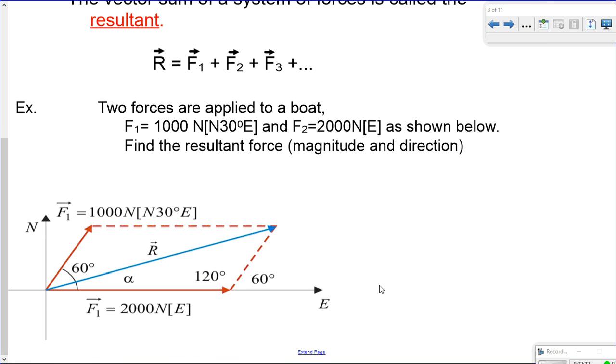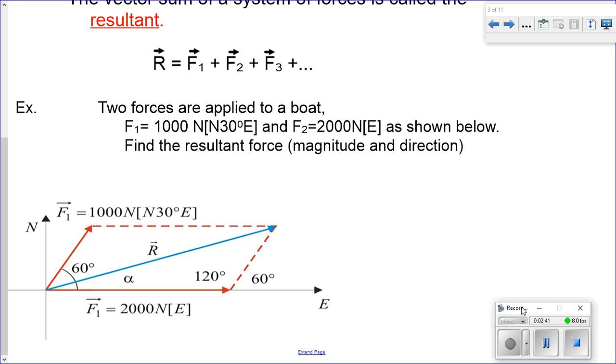Here's our first example. I'm going to cut to the whiteboard here in a second, but we've got a force of 1,000 newtons going in a direction of north 30 degrees east, and a force of 2,000 newtons going in an east direction.